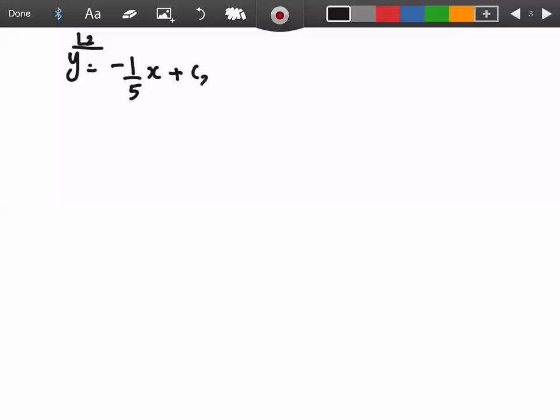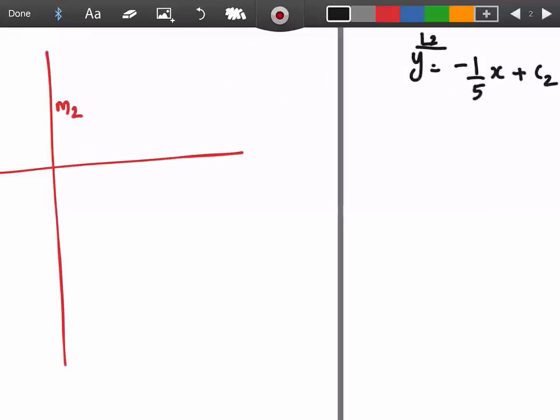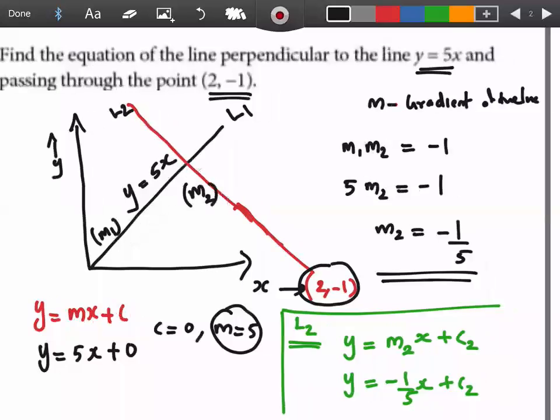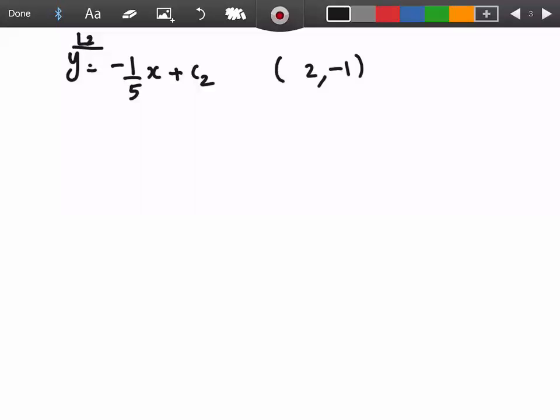So I'll write the equation we got for the line L2: y = -1/5 x + c2. This line is passing through (2, -1), so you can use these coordinates to find the value of c2 by plugging in these values.